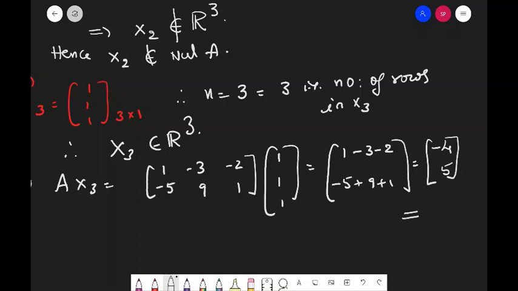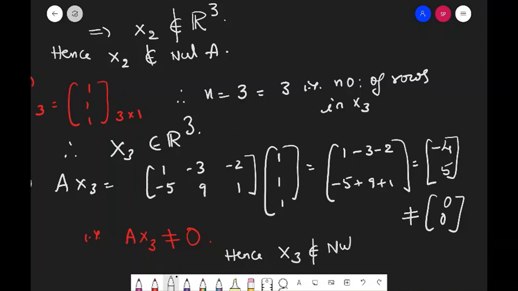This is not equal to 0, 0. That is, Ax3 is not equal to 0. Hence x3 does not belong to null A.